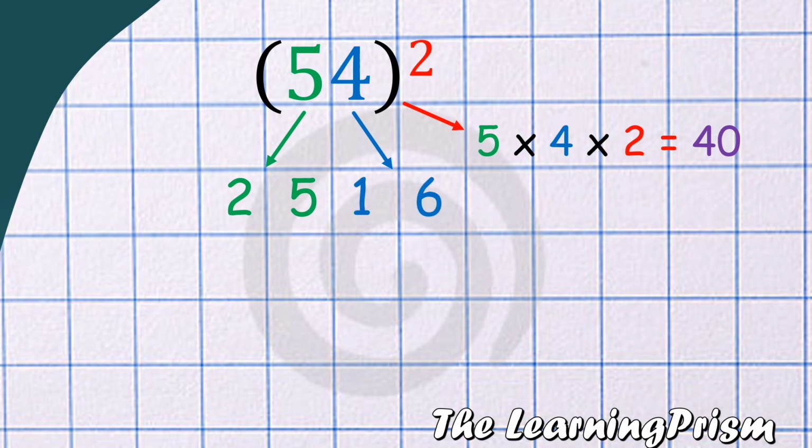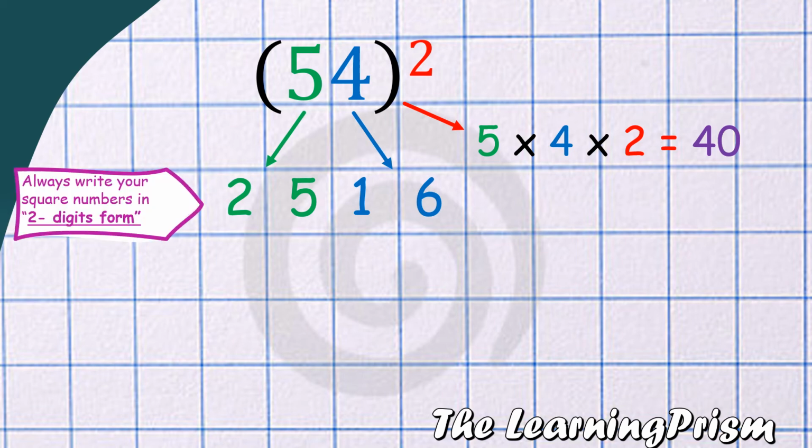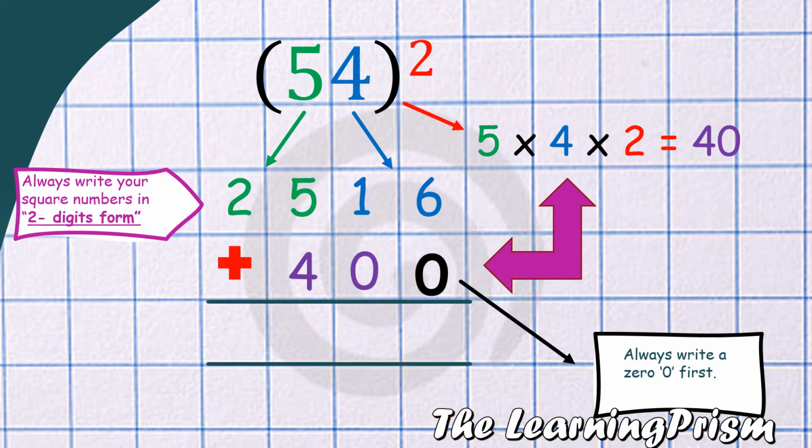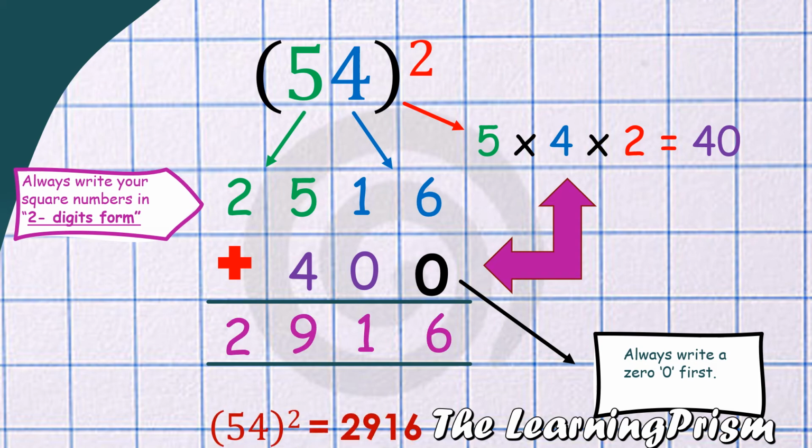Do you remember the next step? Yes, we need to write a 0 first, and then we will write our product of three numbers, which is 40 in this case. Right, we will add these numbers, and 6 plus 0 is 6, 1 plus 0 is 1, 5 plus 4 is 9, and 2. So the square of 54 is 2916.